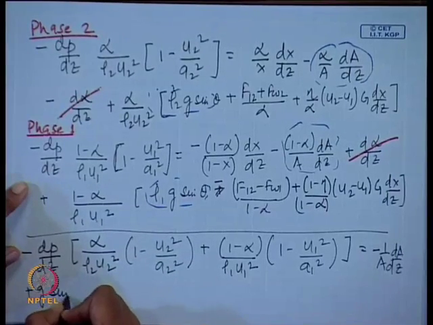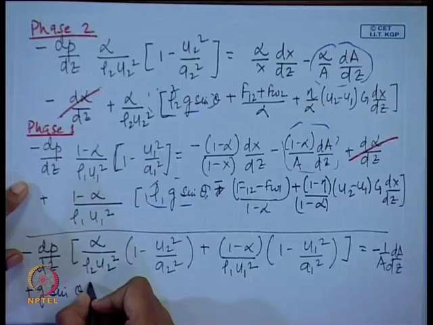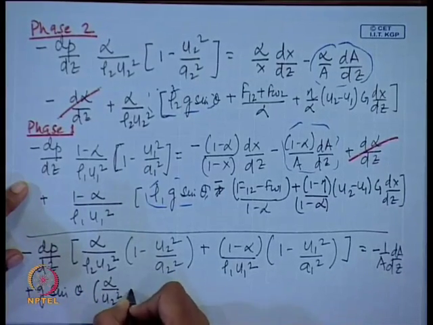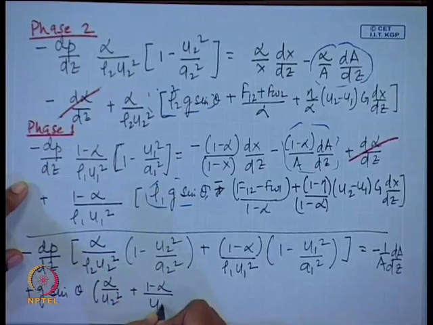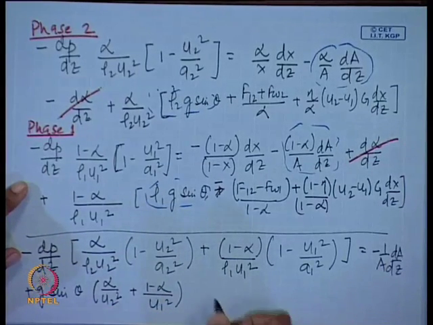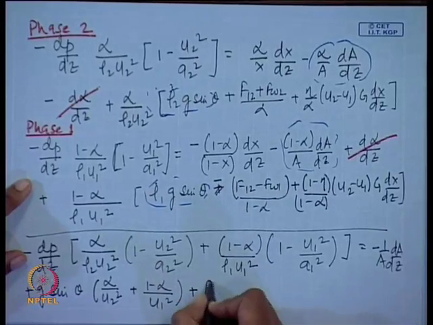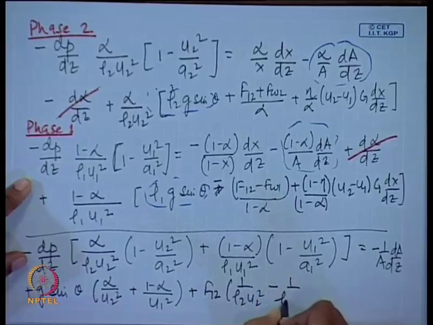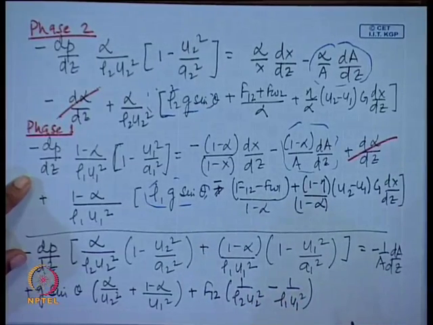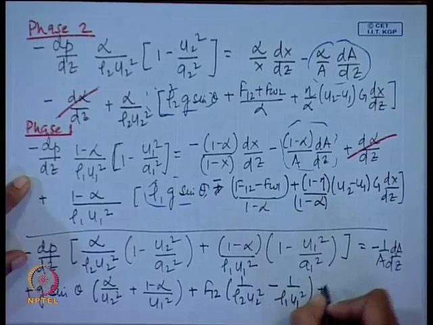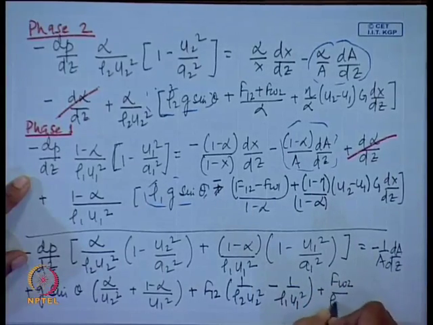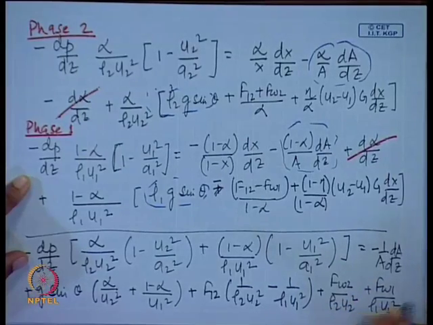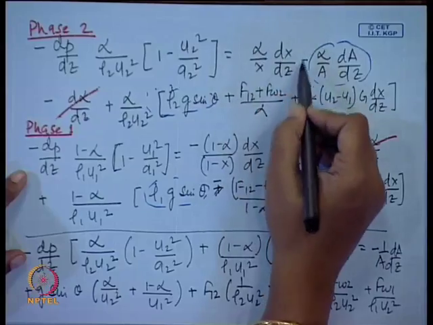Plus g sin theta you can take as common, and this is alpha by u2 square plus 1 minus alpha by u1 square, correct, plus f12 if you take 1 by rho 2 u2 square minus 1 by rho 1 u1 square, agreed, plus fw2 by rho 2 u2 square plus fw1 by rho 1 u1 square plus whatever dx dz terms you have.